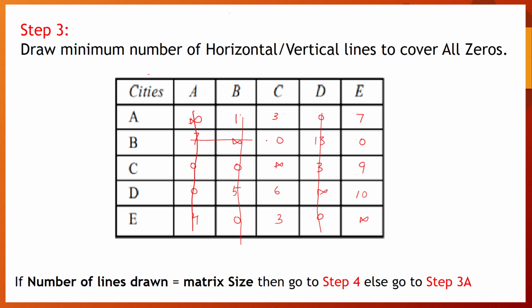Then if we draw one more line like this, all the zeros are covered, but the number of lines drawn is not equal to the matrix size. If the number of lines is equal to the matrix size, then we go for step 4, or else we go for step 3a. Here n is not equal to small n, so step 3a.